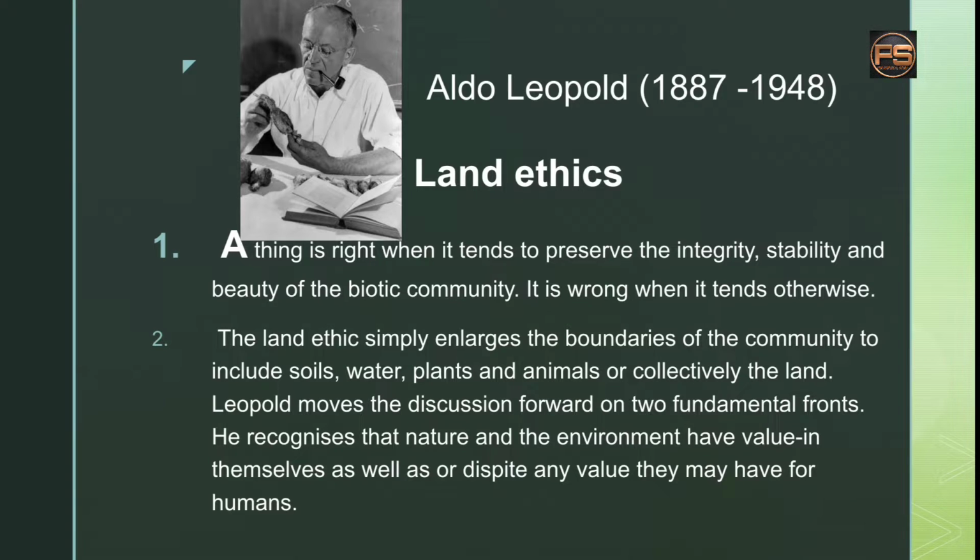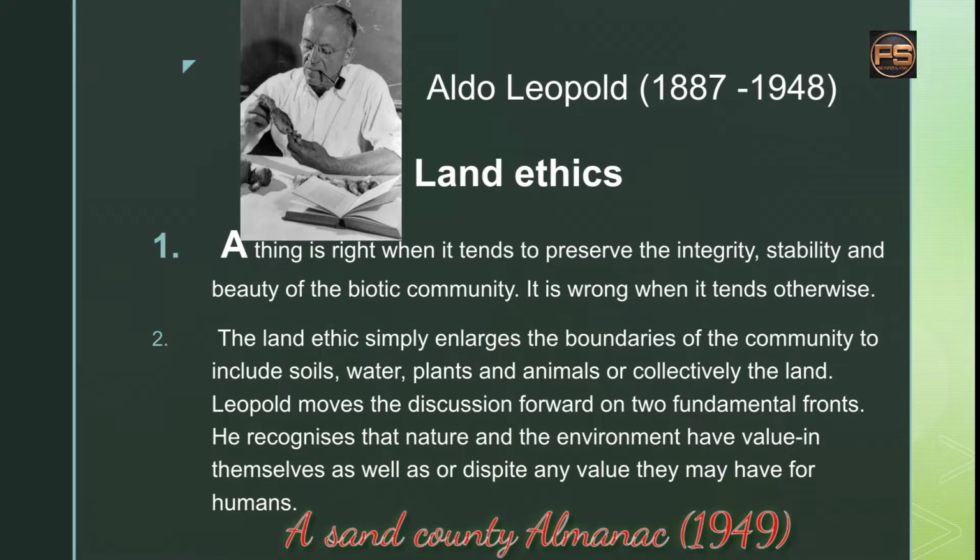Land ethics is a philosophical theoretical framework about how ethically humans should regard the land. The term was coined by Aldo Leopold in his Sand County Almanac, 1949, a classical text of the environmental movement.